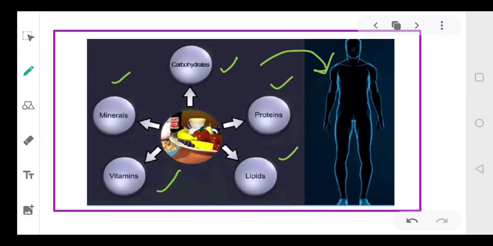This process of converting complex substances into simple substances, which our body can use, is called digestion.